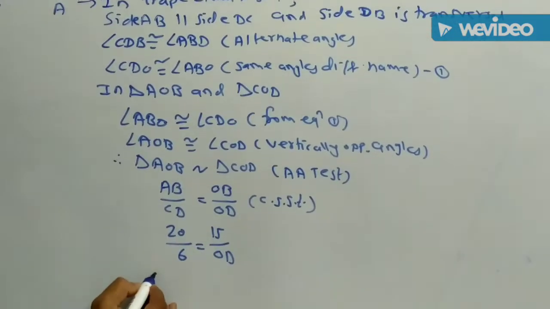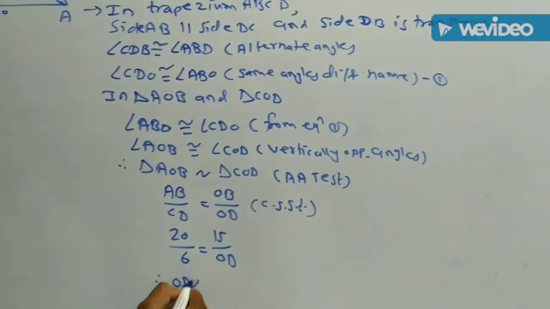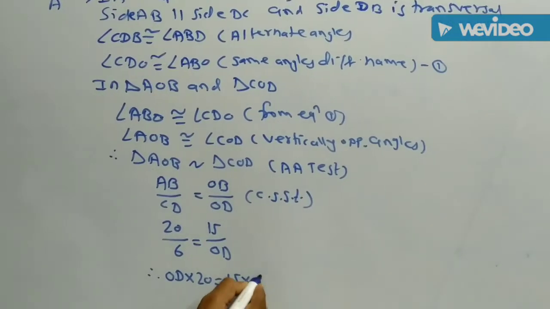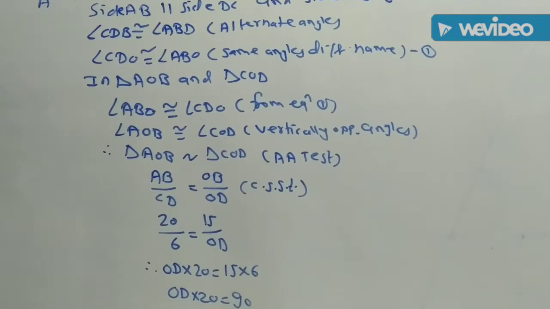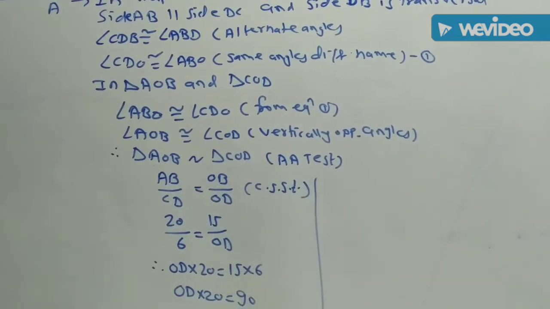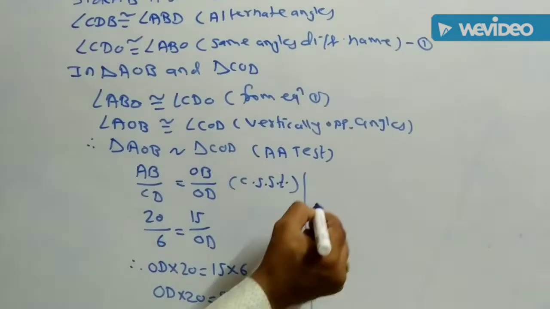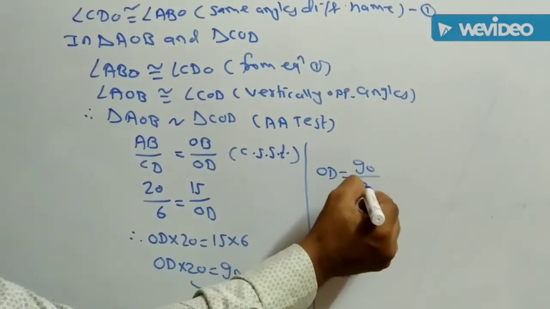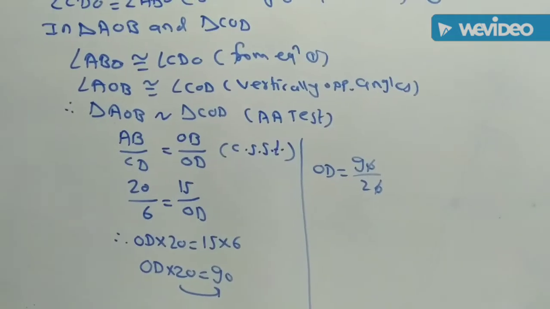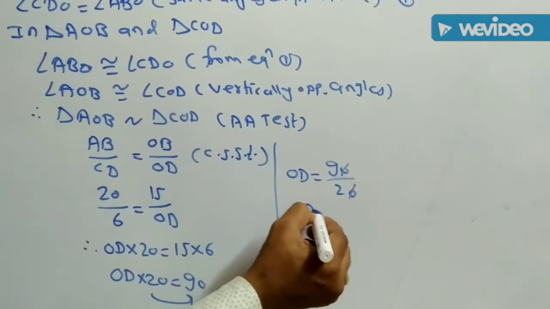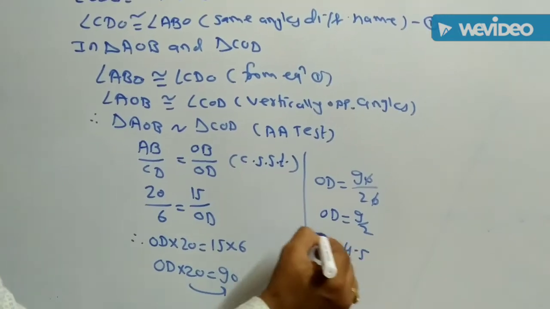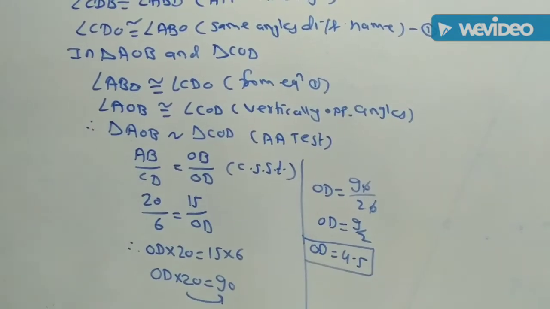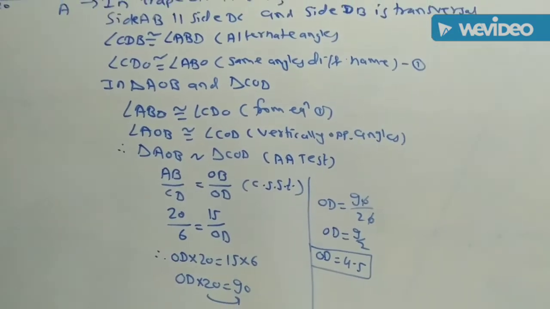Now by taking cross multiplication, OD into 20 is equal to 15 into 6. OD into 20 is equal to 90. Now this multiplied 20 gets converted to division, 90 upon 20, 0 gets cancelled. OD is equal to 9 upon 2, that is half of 9 is 4.5, which we have to find.